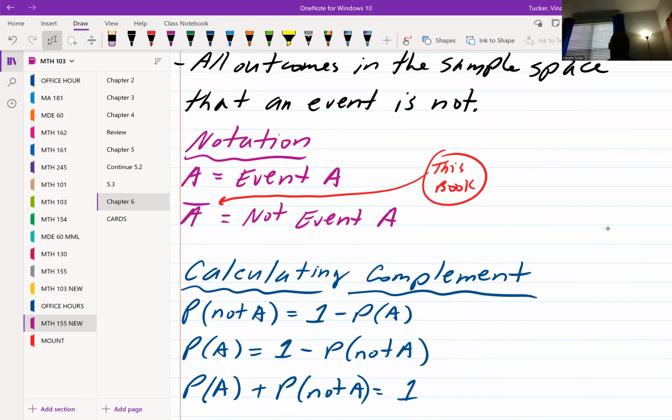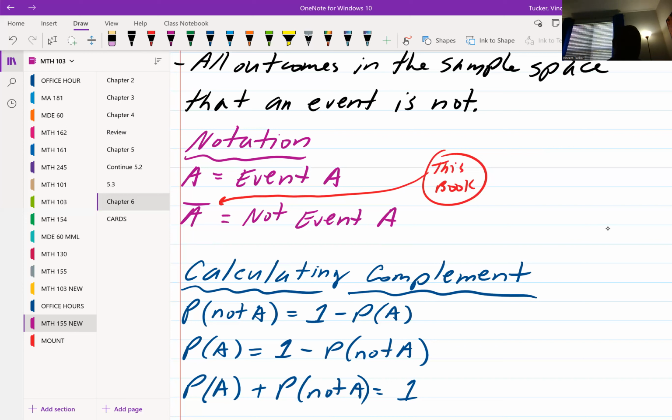Calculating the complement. If I want to know the probability of not A, or the probability of the complement, but I know the probability of my event, I can subtract it from 1, and that'll give me my complement.